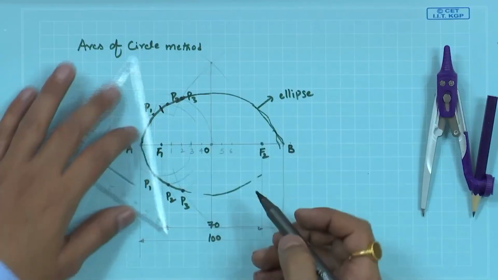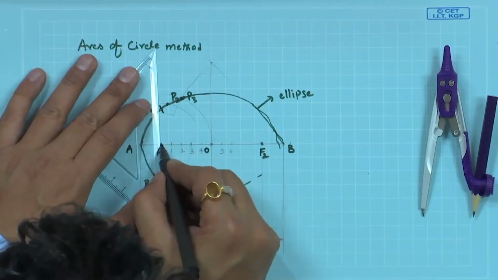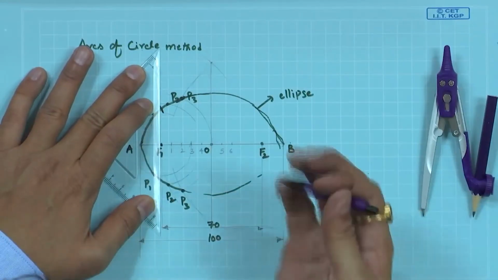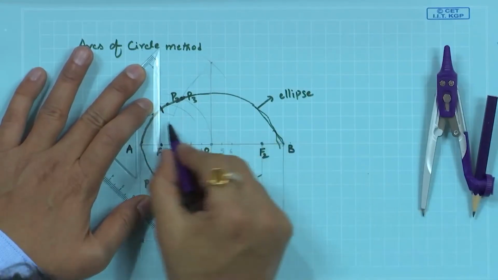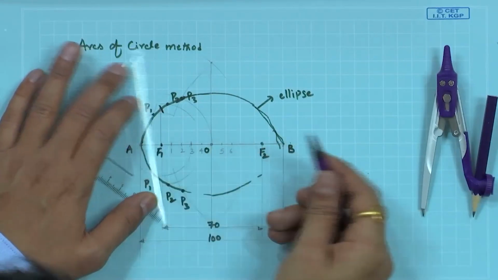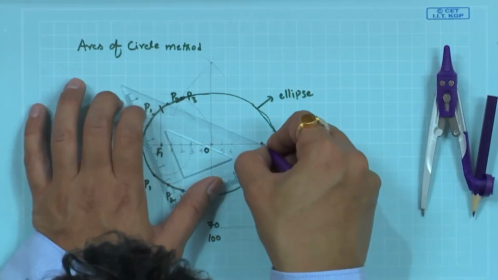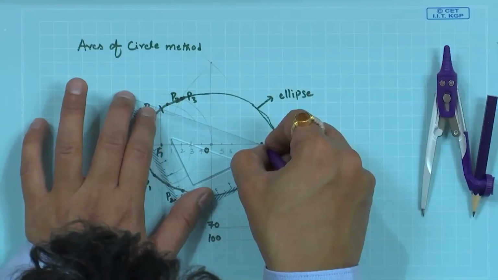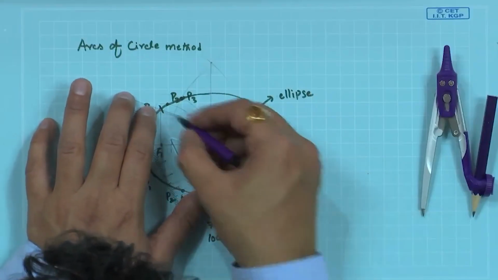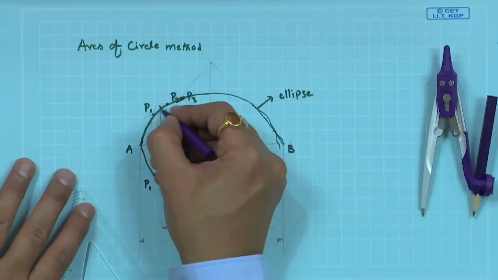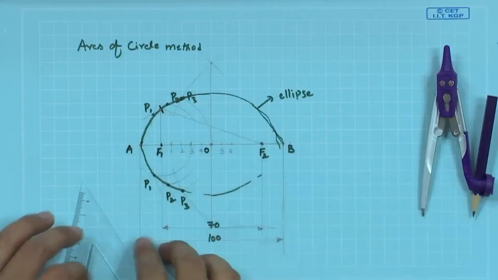Now, the procedure is to join this F1 with that point, as a construction line. Similarly, join this F2 with that particular point.